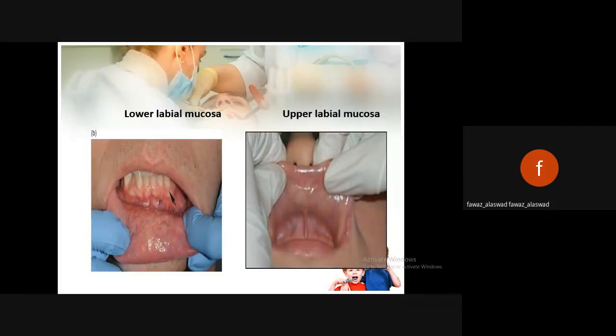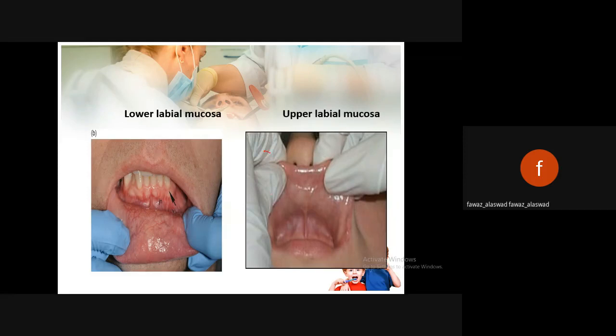Another area which needs to be investigated is the upper labial mucosa and the lower labial mucosa. What are the most common types of lesions? For the labial mucosa, we use direct vision, inverting the tissue over the finger or thumb.